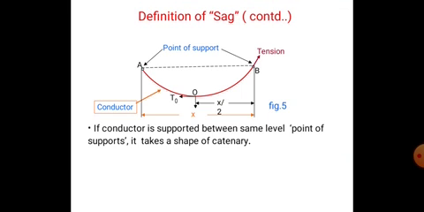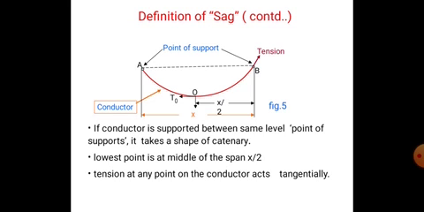The conductor is supported between points at the same level. If the conductor is supported between supports at the same level, it takes the shape of a catenary. The lowest point is at the middle of the span, x by 2 or L by 2.